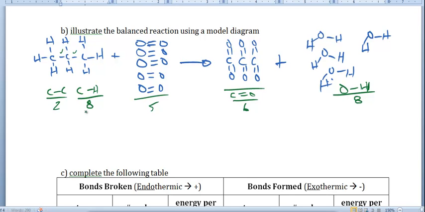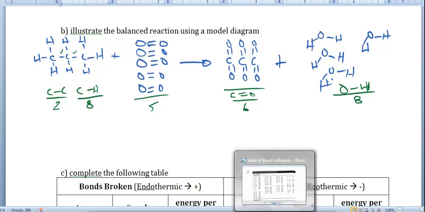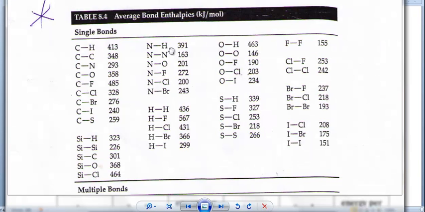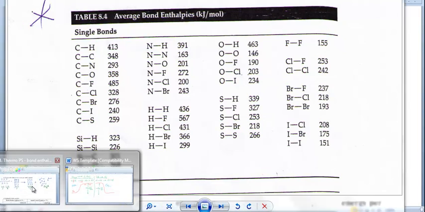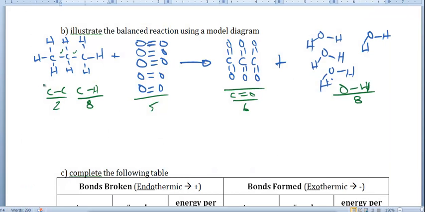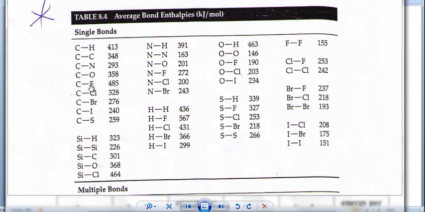Okay, so now we're in a position to go to this bond energy table and look up the bond energies for each of the bond types that we just listed. So we know that we've got carbon-carbon single and carbon-hydrogen. So let's go over to the table.